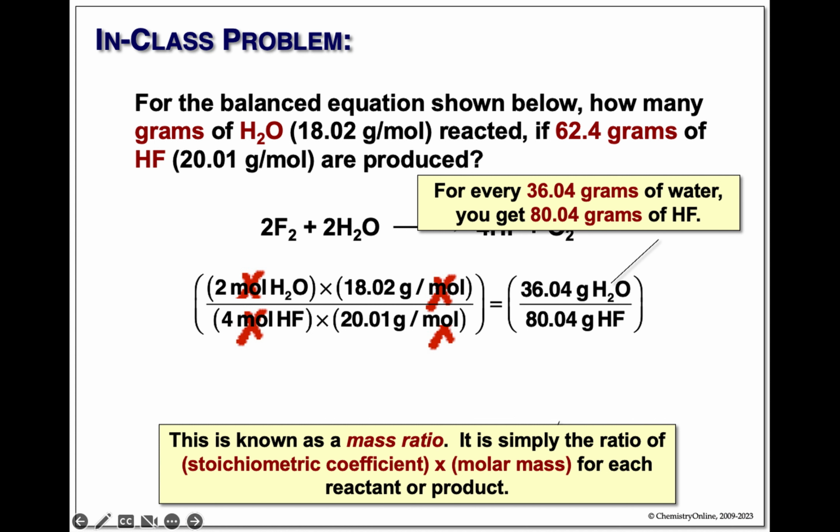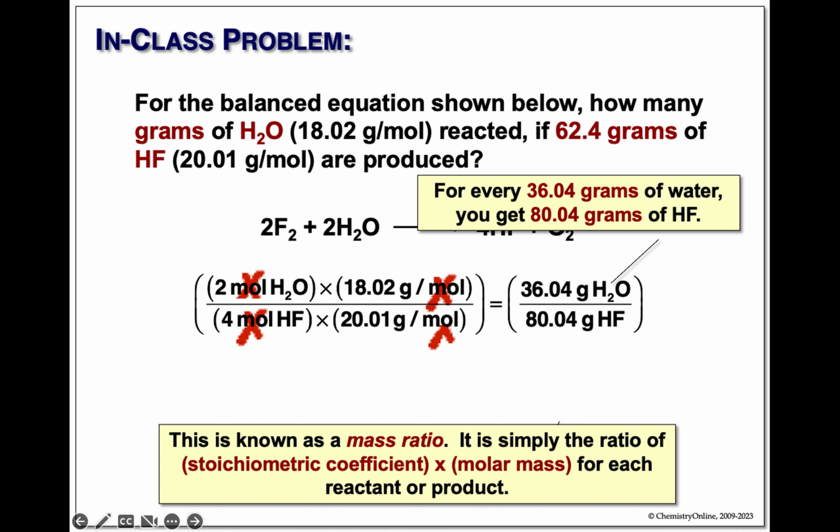Simple way to think about a mass ratio. For every 36 grams of water, you can expect to get 80 grams of HF. It's just a ratio.